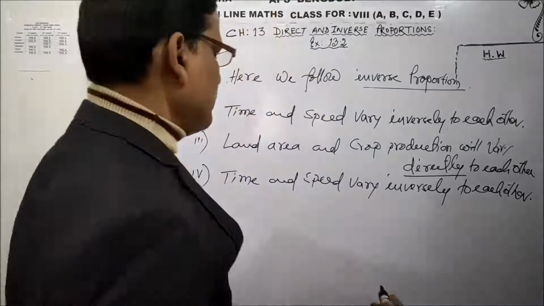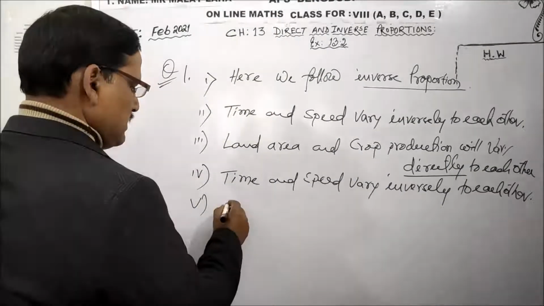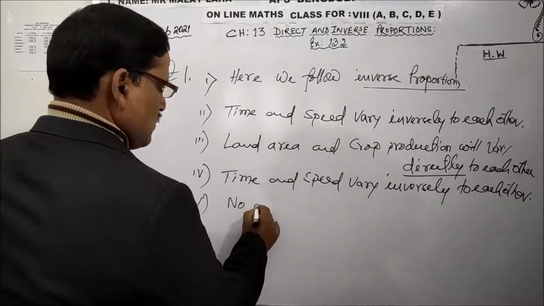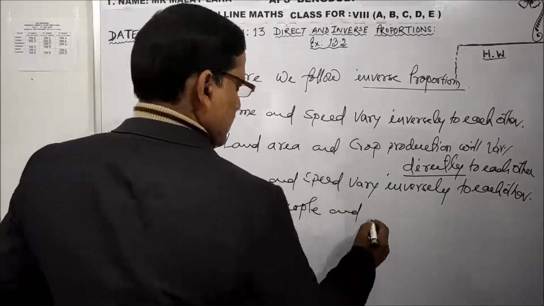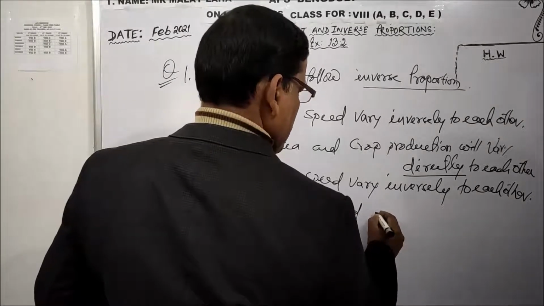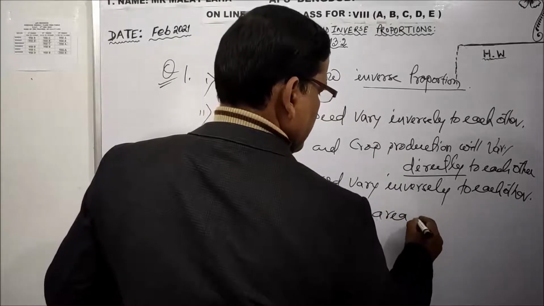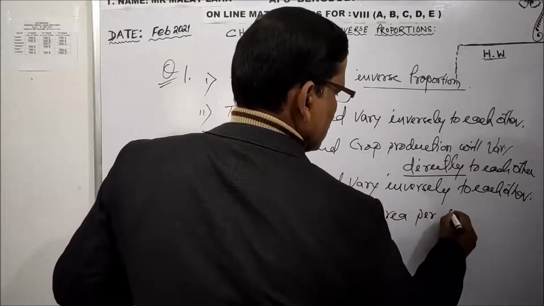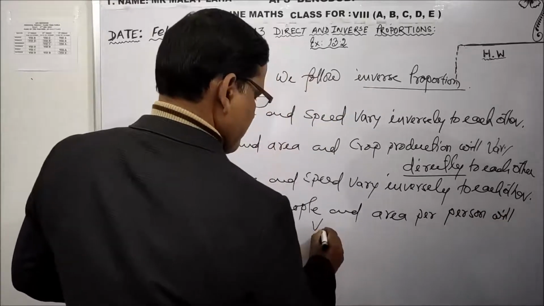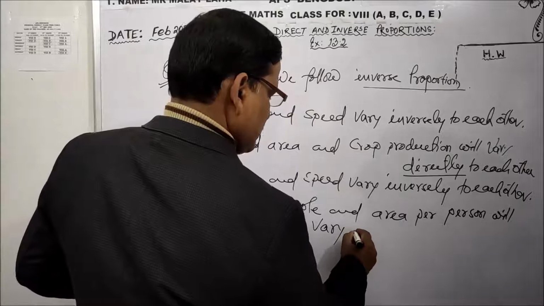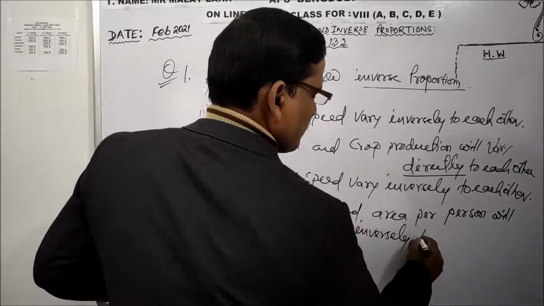If the number of people is more, each person will get less area. So the number of people and the area per person will vary inversely to each other.